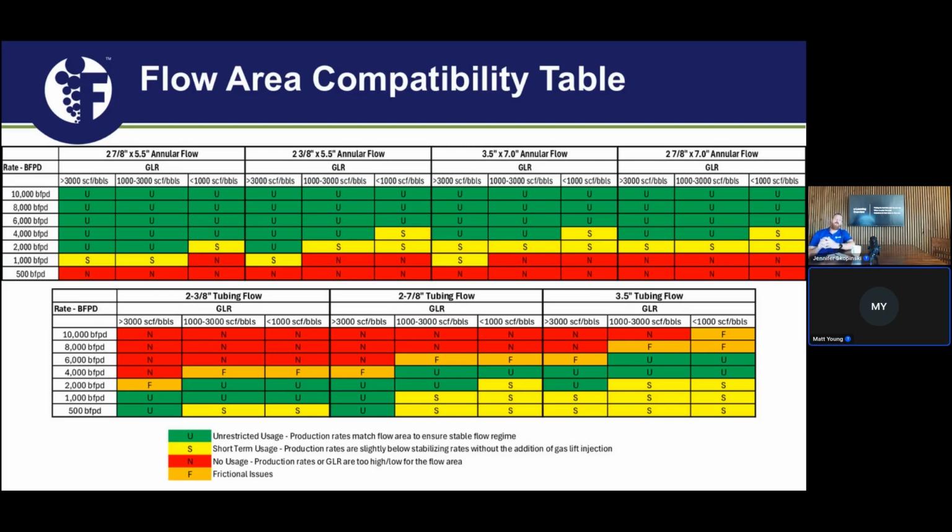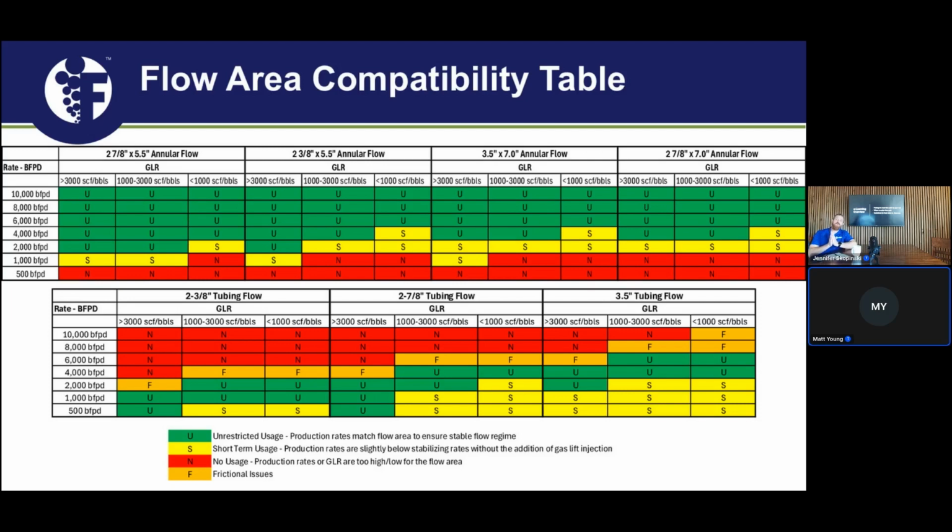And so, how we find production and GLR, maybe we look at a type curve, at a forecast provided by reservoir, maybe we look at historical production from offset wells, but we pick an ideal production rate that we expect out of the well initially. And then with that, we can work down our compatibility table to understand what's the best flow path.